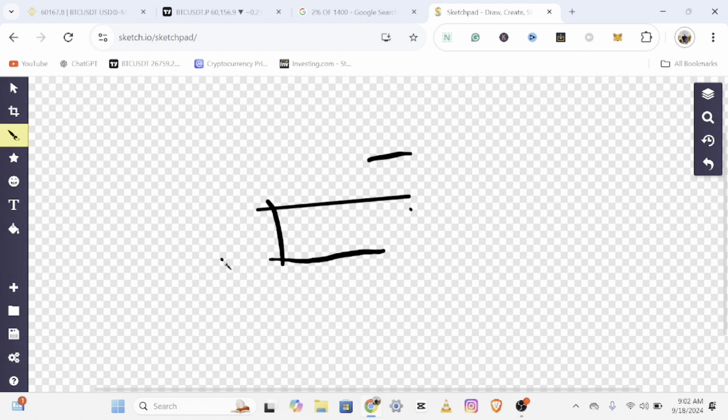Entry price. So this is your entry E. And this is your 100 plus ROI. So we have 100 here. So let's just put 100. So you can just put 100.